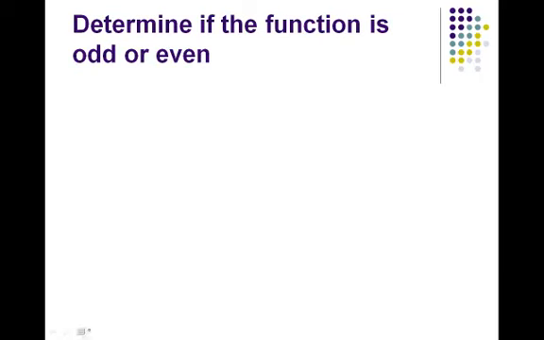To determine if a function is odd or even, we're simply going to substitute negative x for x. So pause the video to copy this down. Okay, so f of x is x cubed minus 6x, and we want to look at what we get if we plug in f of minus x.